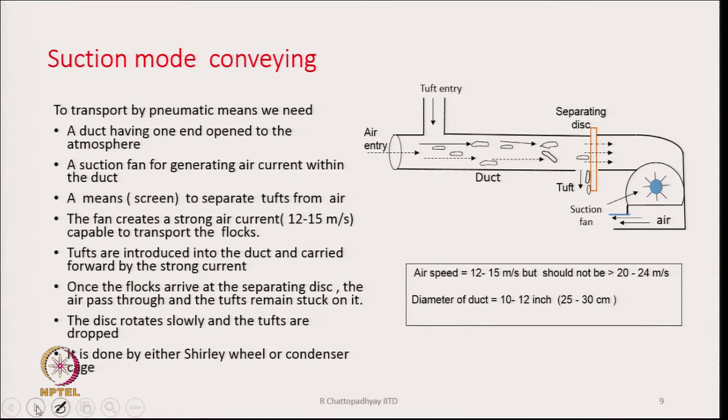On the right hand end, the suction fan is there, on the left hand end there is an air entry point, and in between the duct is there. So, the suction fan generates negative pressure, and therefore, air will enter from the entry end of the duct.